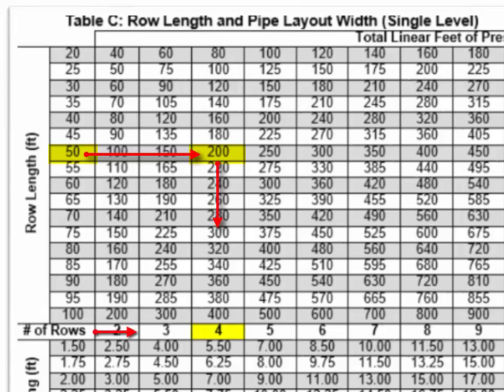Next, you would move downward until you intersect the number of rows required at this length. And finally, continuing down even further, find the pipe layout width for your chosen row spacing. Remember, 1.5 feet is the minimum center-to-center distance.